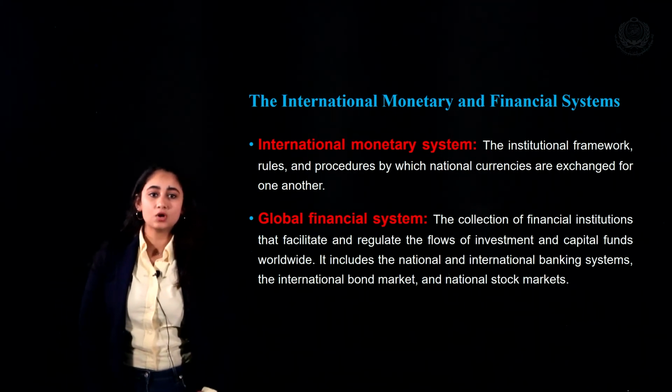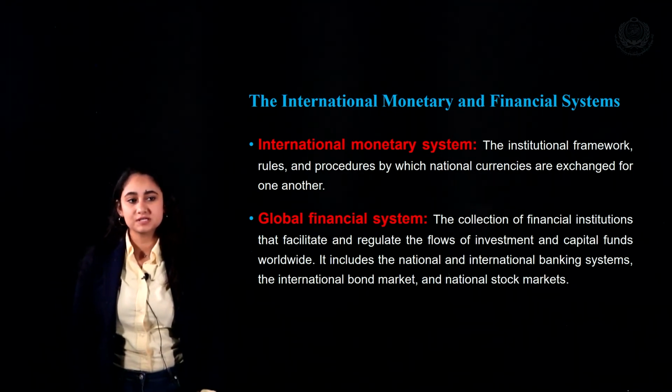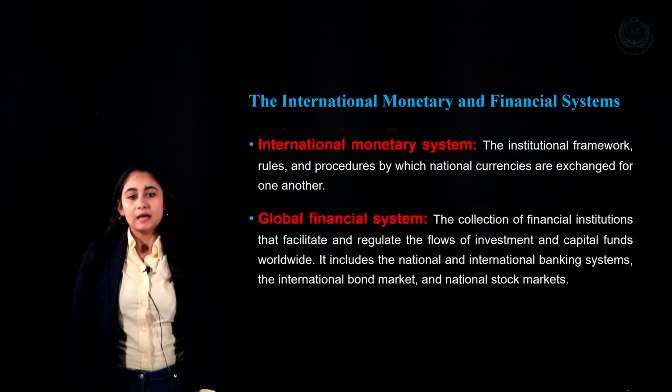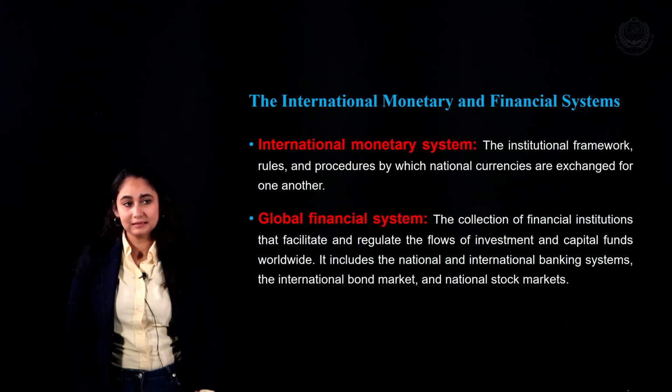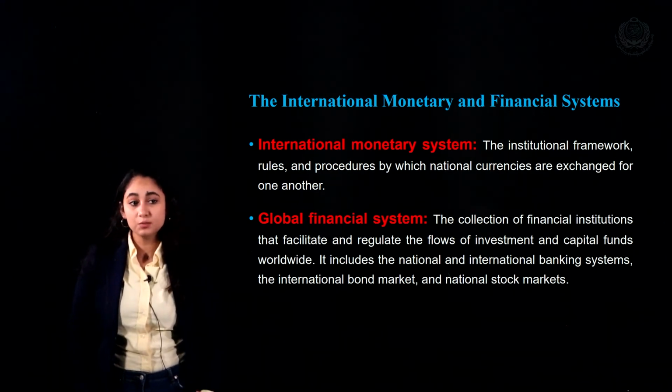So what are the different financial systems? We have the international monetary and financial systems, such as the International Monetary System and the Global Financial System. And we have the International Monetary Fund and the World Bank, and we will talk about all of these participants in detail. So what is the International Monetary System exactly? It is the institutional framework of rules and procedures by which national currencies are exchanged for one another.